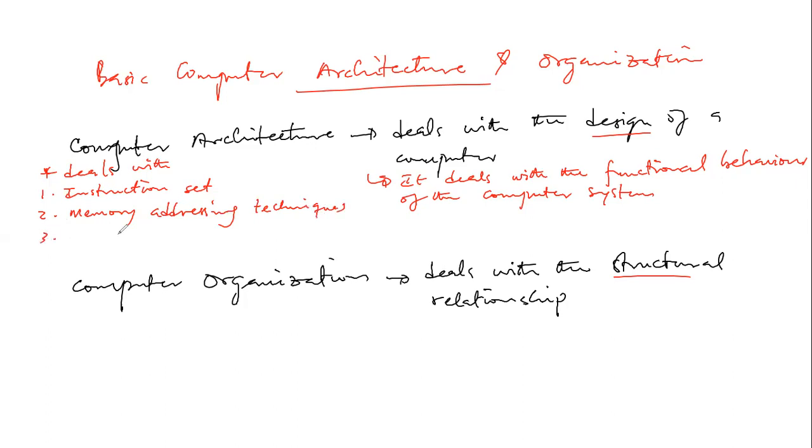Then three, we have bit representation of data. Then four, we have input-output mechanism. So these are the things you guys have actually related with in your previous lectures, okay?